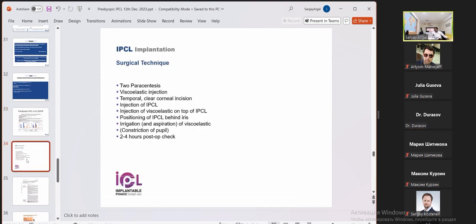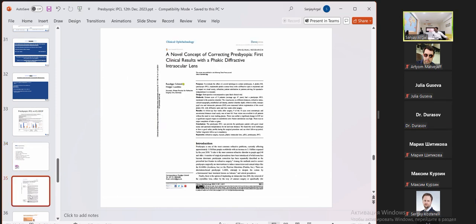As far as the surgical technique is concerned, it is very similar to routine IPCL surgery. Говоря о хирургической технике, она практически не отличается от любой хирургии с имплантацией IPCL. And these are some studies which were published in different journals.